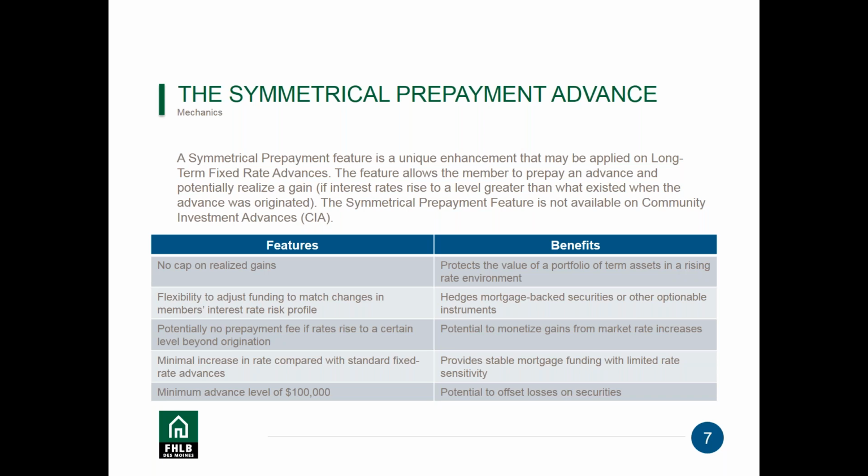And you've got that spread versus the normal or asymmetrical advances that's pretty narrow, especially 5 years and in. As you'll see with benefits, you can protect an investment or a loan portfolio with the ability to monetize gains from potential rate increases. And we'll delve into a case study on this feature here in just a couple of minutes.